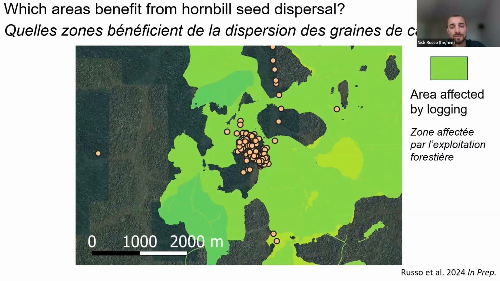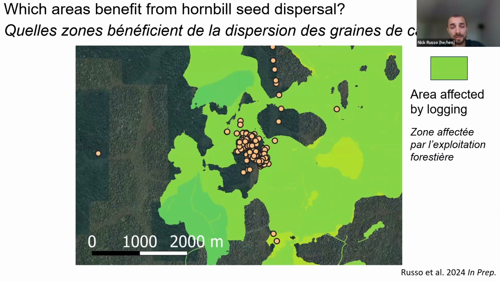What you see in this image in green is the contextual area affected by logging. This was based on some high resolution optical imagery from the Planet satellite system.